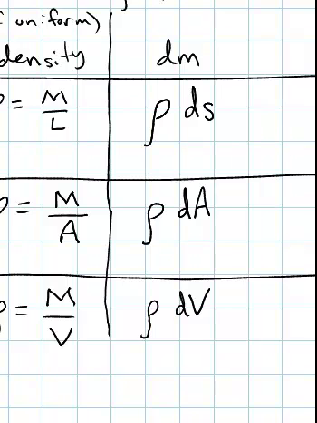So I'm just going to use rho. We used a physics book not too long ago that used lambda for a one-dimensional density, sigma for a two-dimensional, and rho for the three-dimensional density. But I'm just going to use rho for density, keep it a little simpler.